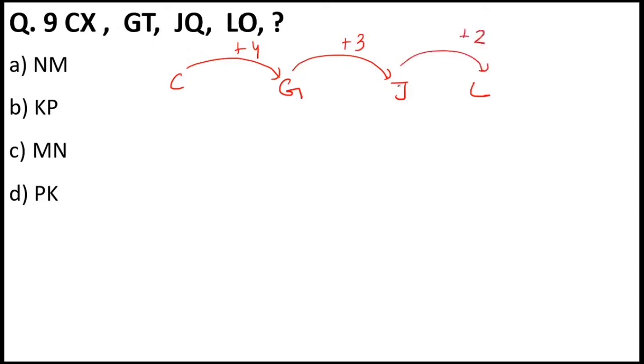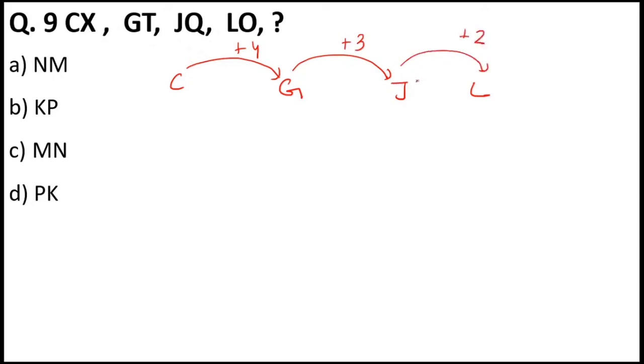you have to compare the letters. C, G, J, L. C, D, E, F, G. So you have to add four letters to get G, right? Then G, H, I, J. So three letters you have to add to get J. Then let's add 2 to C. After J, what comes?